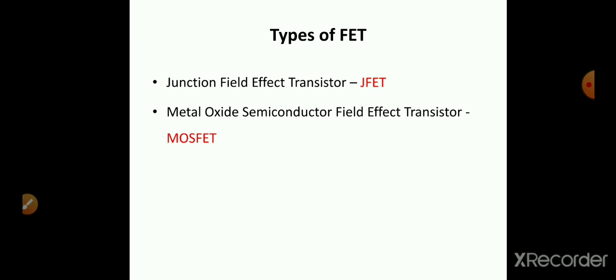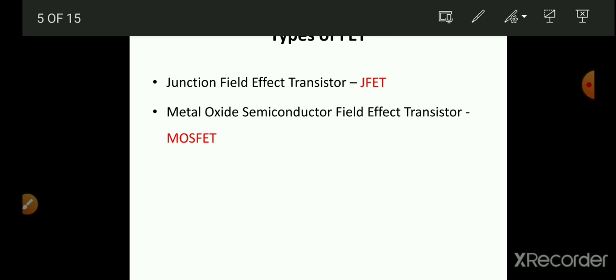That's why we call it the field effect transistor. The junction field effect transistor can be classified into two: N channel and P channel.